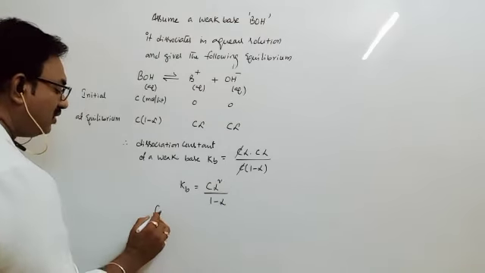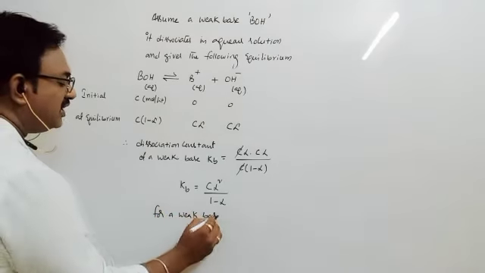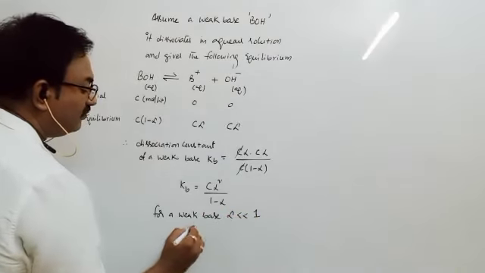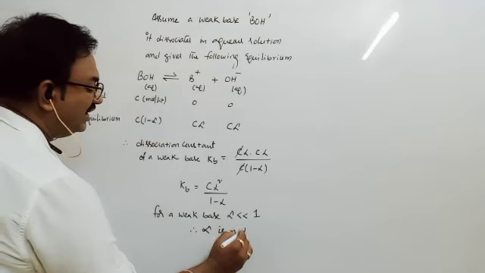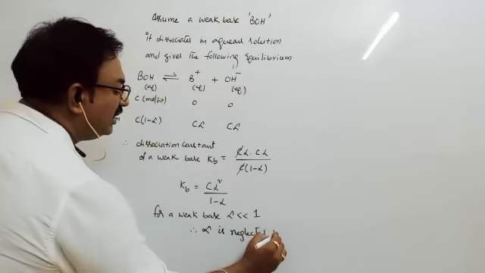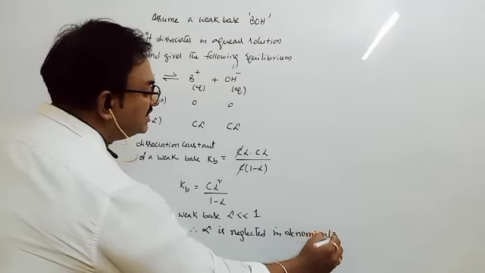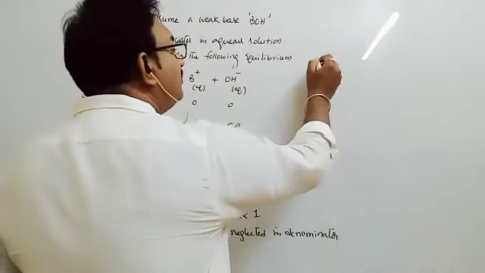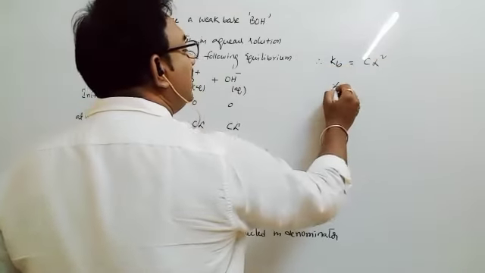Right? And one more point. For a weak base, alpha is very, very less when compared to 1. Therefore, alpha is neglected in the denominator. Therefore, Kb is equal to C alpha square.